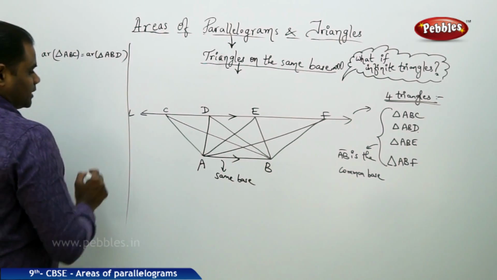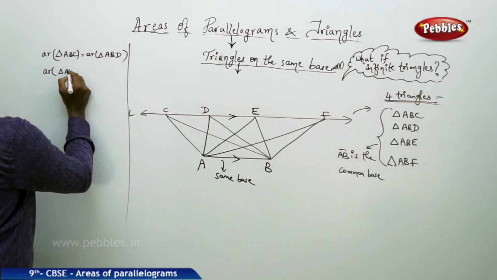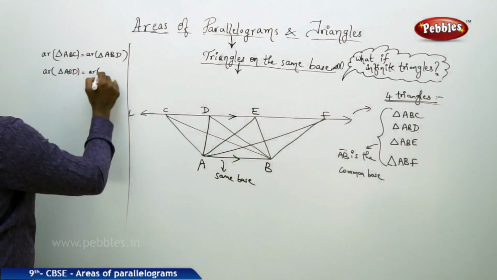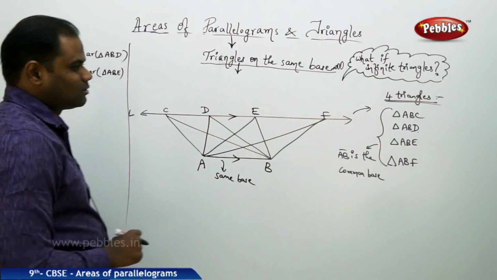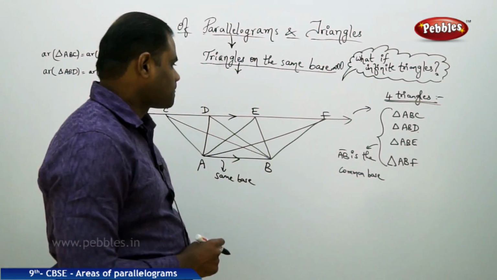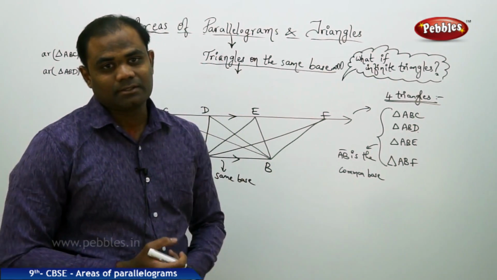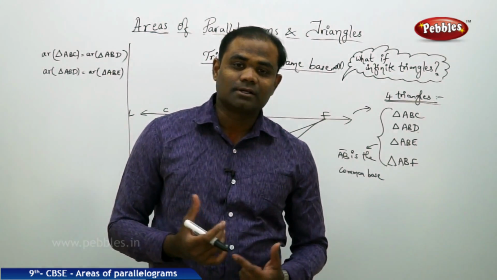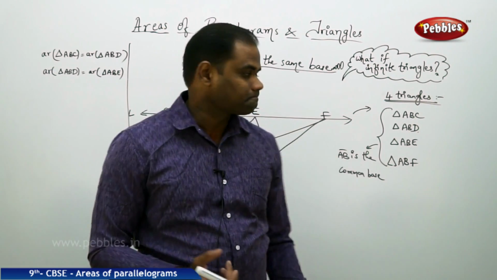So with the second case, area of triangle ABD is equal to area of triangle ABE. Next, since these two triangles are on the same base and between same parallels, ABE and ABF must have equal areas, as seen with two triangles on the same base and between same parallels are equal in area, the property as discussed in the previous session.